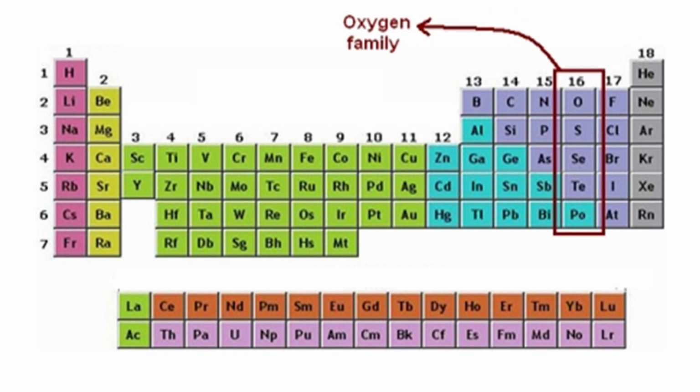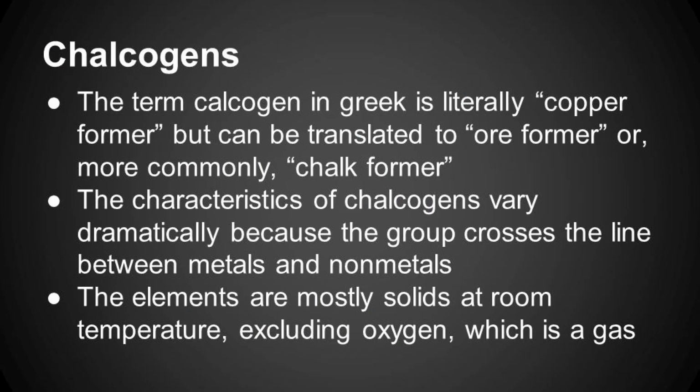The other name for this group is the chalcogen family. What's the other name of this family? Chalcogen family. What's the meaning of the word chalcogen? The first word, chalcos, means ore, O-R-E, ore. And gen, G-E-N, means generators.